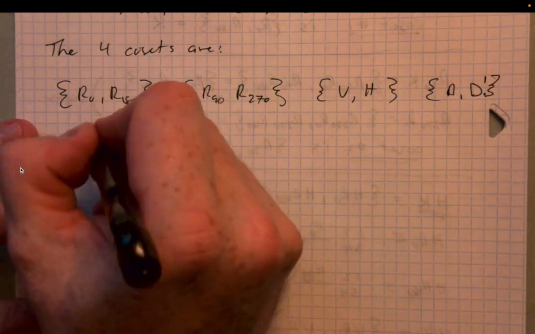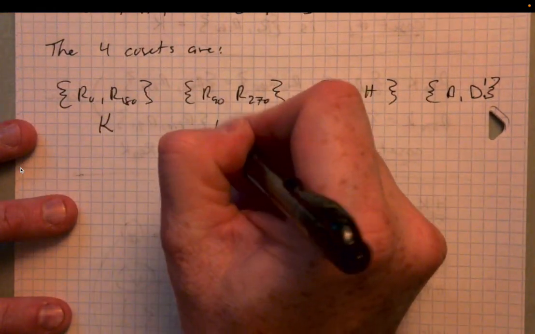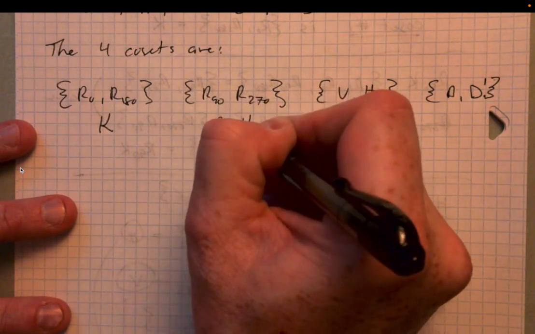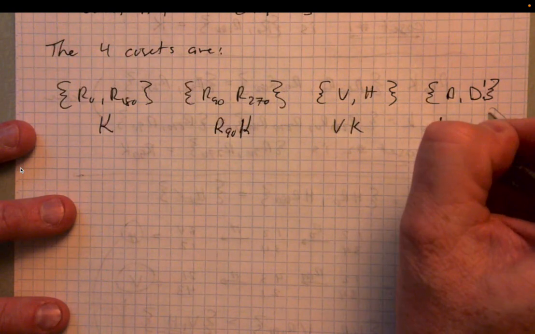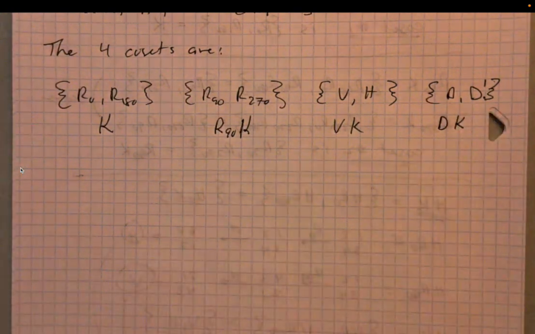Okay, this one we're calling K, this one we're calling R90K, this one we're calling VK, and this one we're calling DK. And these are just names. Okay, just names.